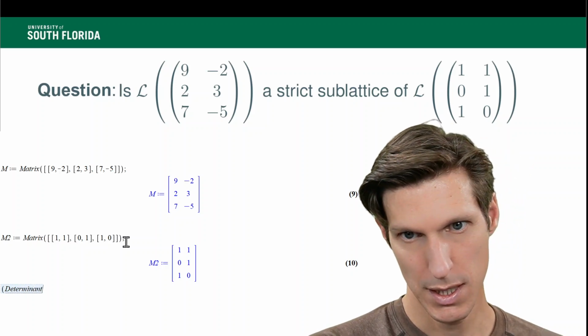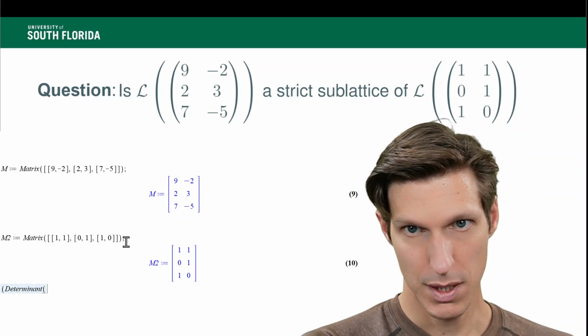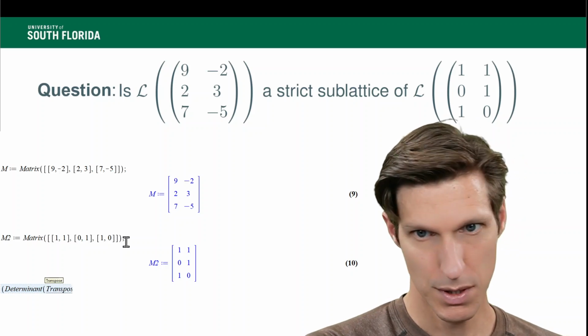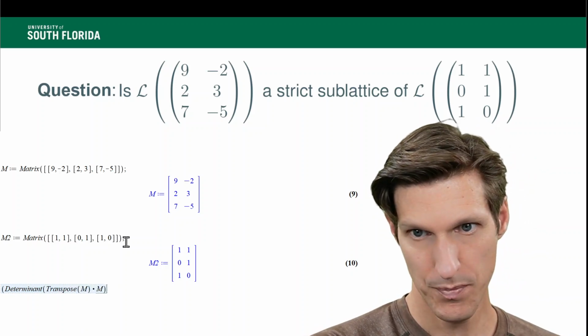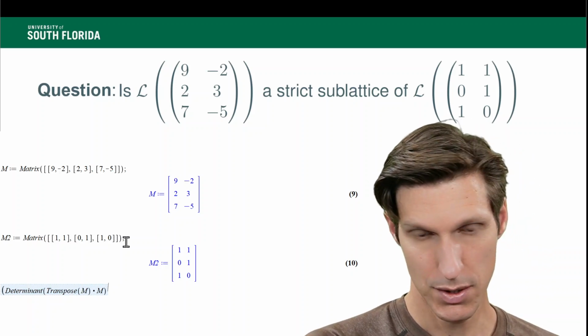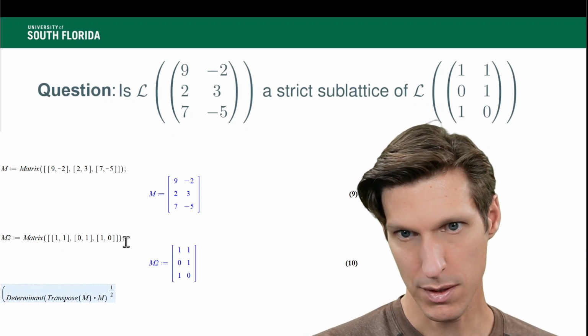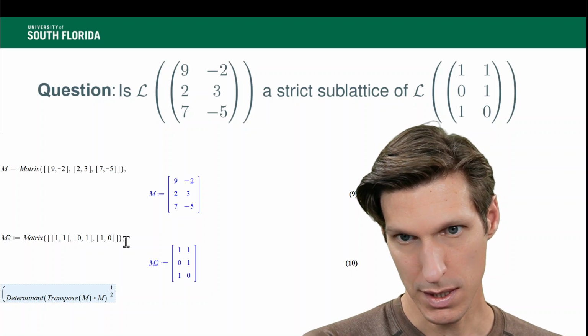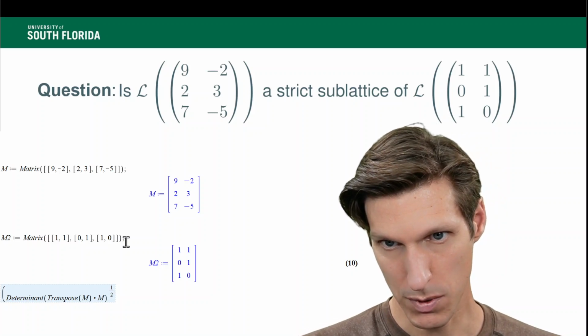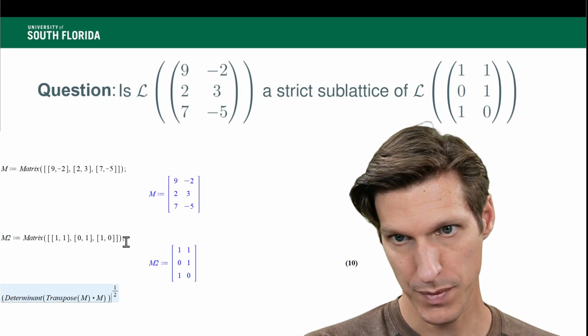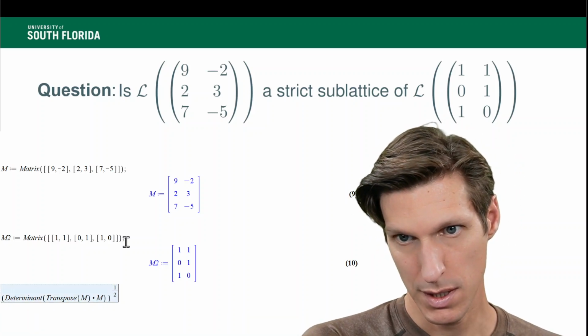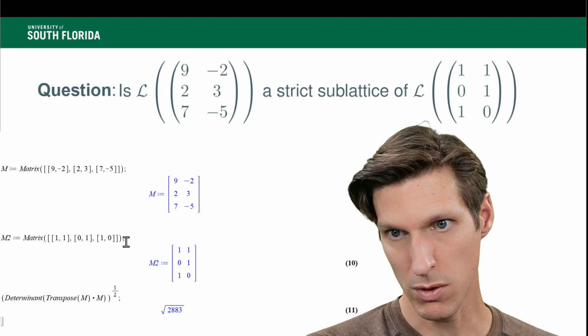So determinant of transpose of M times M, all of that to the power 1/2. Okay. Oops, what did I do here? Oh, I forgot this. All right. And then, so what do I get?